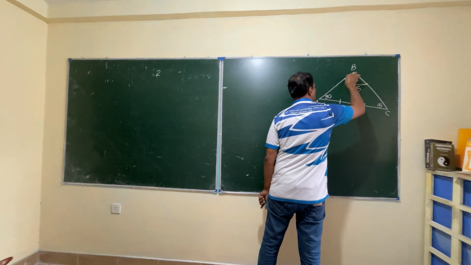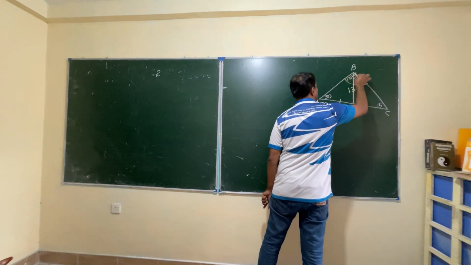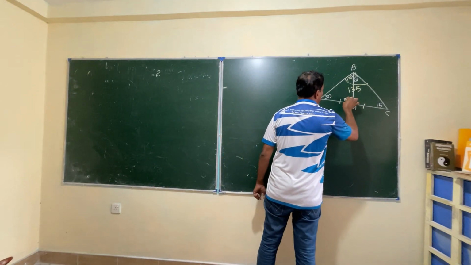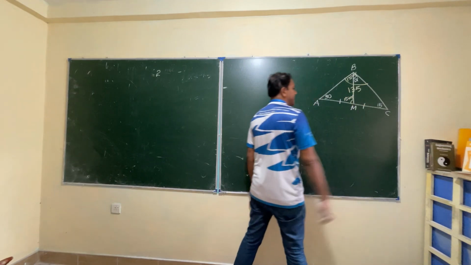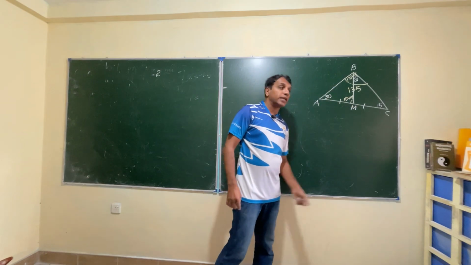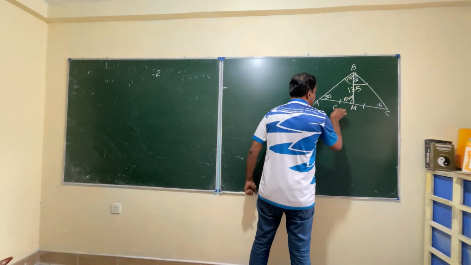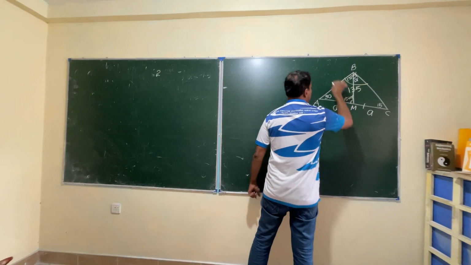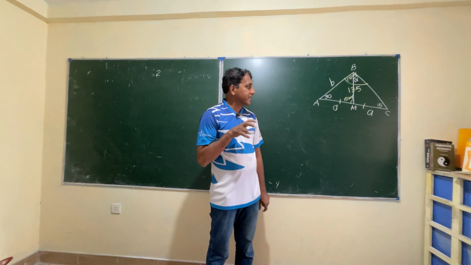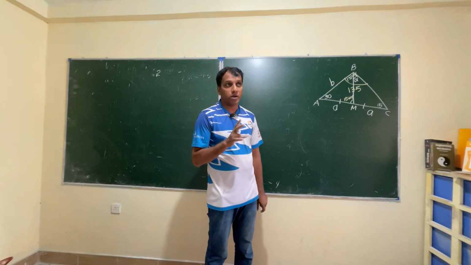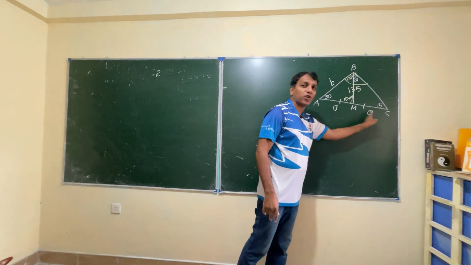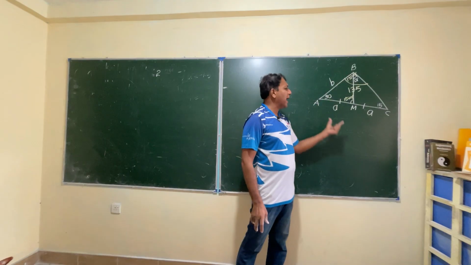So the balance part is 135 minus alpha, and this one is 15 plus alpha, the simple geometry of all mathematics: exterior angle equals the sum of the interior angles. Let's take this as small letter a, and this one as b. So what's the technique to find alpha? Try to collect a pattern equation in terms of alpha, so that the common terms cancel. Here 2a: in the big triangle we have 2a, and in the small triangle 2a.